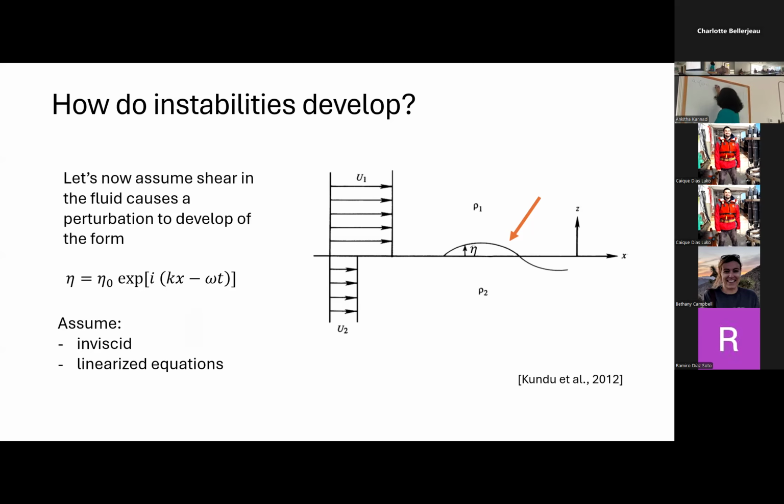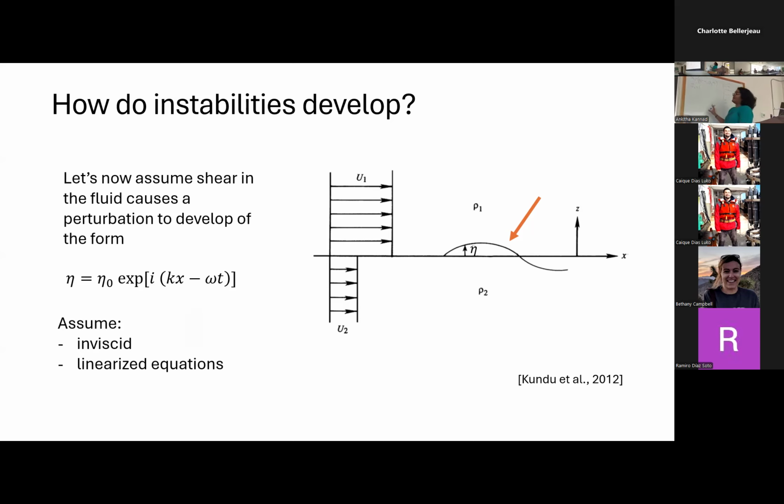This is what's happening along the x-axis. We're going to assume nothing's happening along the y-axis, and also assume that there's a small perturbation vertically as well. And you have a similar situation in the lower layer of water as well.